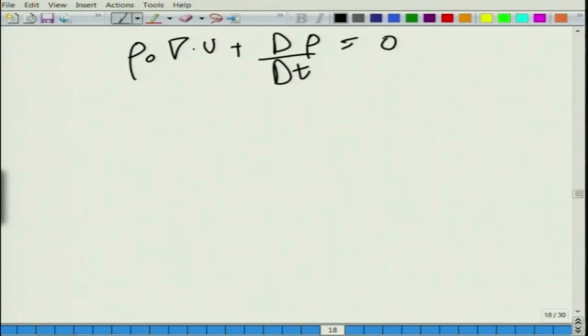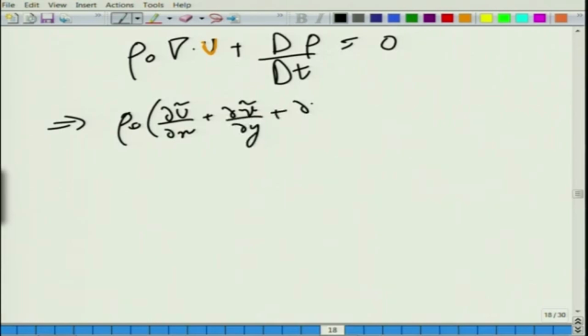Then it will become rho naught times del dot u plus D/Dt, that is the substantial derivative, times rho is equal to 0. That is your continuity equation. So, if we expand this out, what will we get? We will get del x u tilde plus del v y, which is nothing but your old divergence operator, plus, remember what was D/Dt?